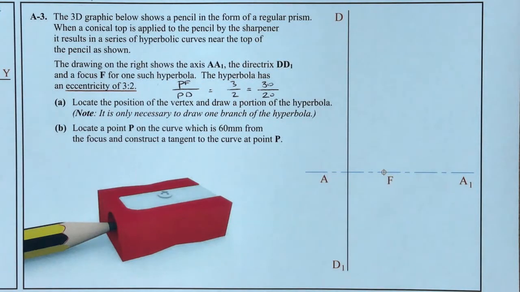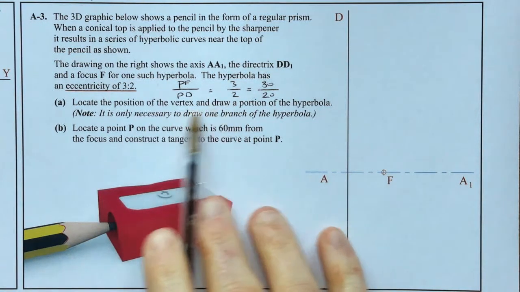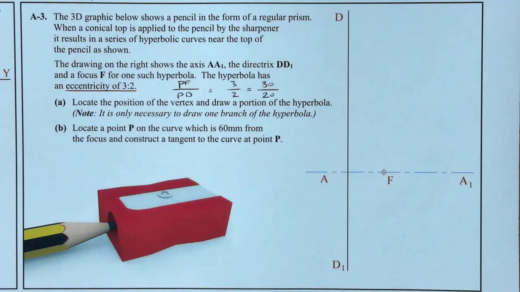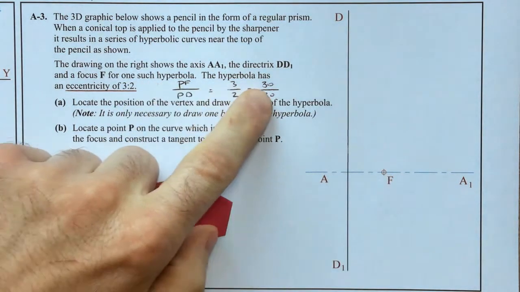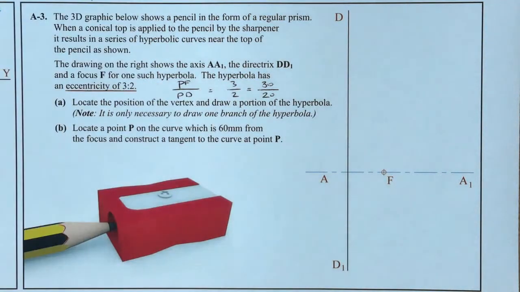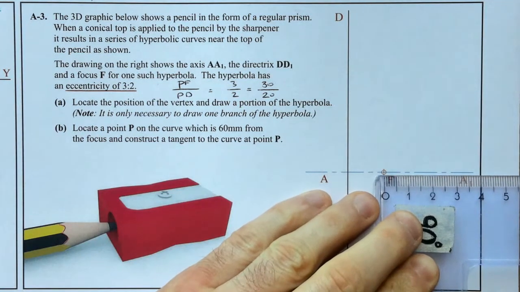to find our line of eccentricity, which will then actually help us locate our vertex using some common principles to all conics. Okay, so from my focus, I'm going to actually do the 30 millimeters part first. So I'm just going to measure out 30 millimeters like this from the focus.